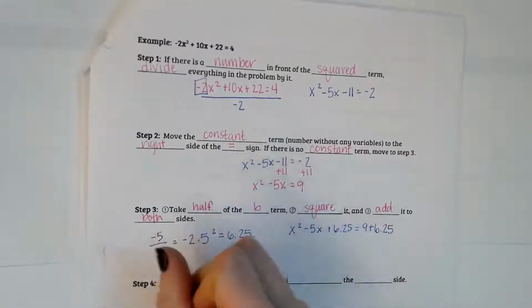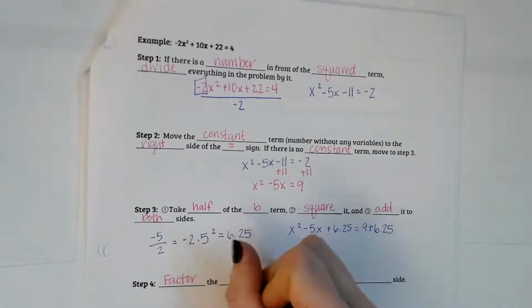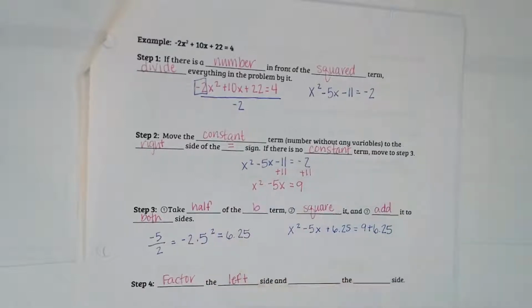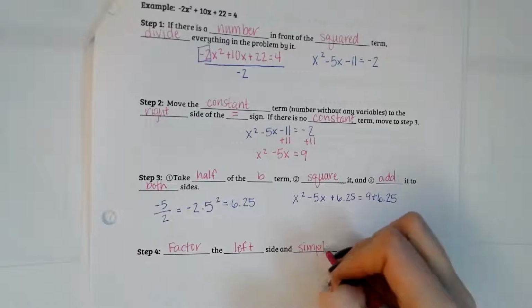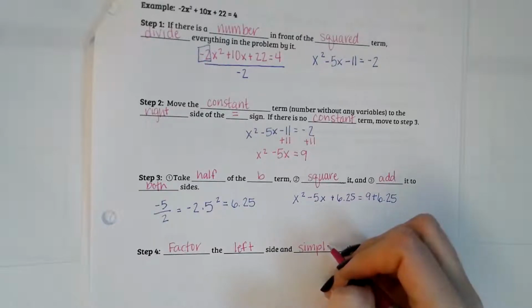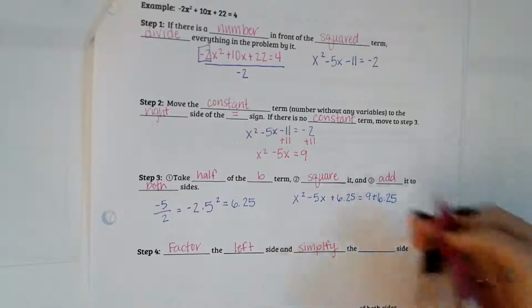So factor the left side and simplify the right.